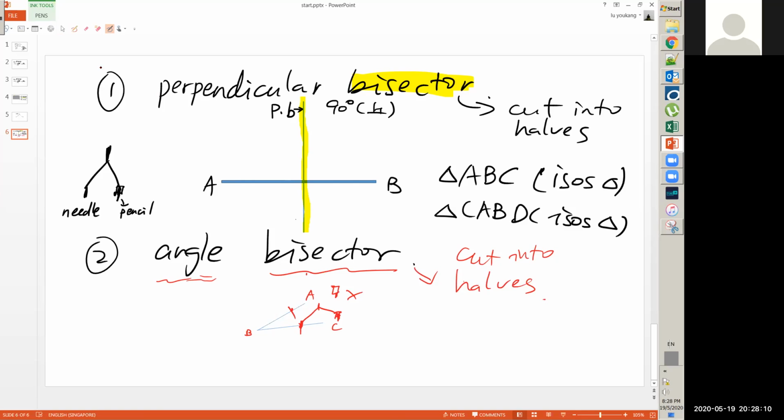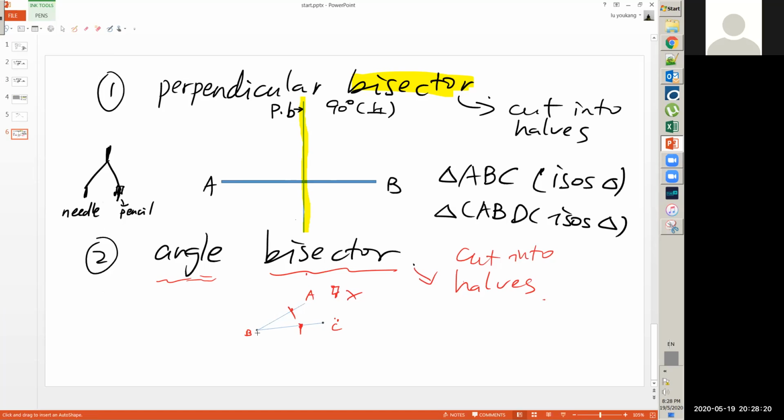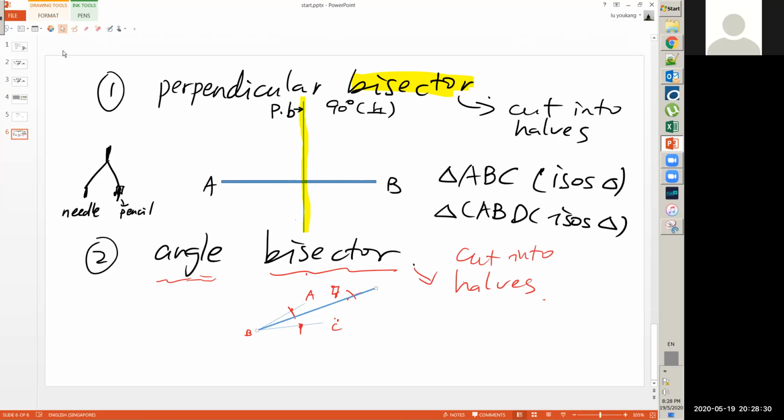So therefore, you will get this point. Once you get this point, you just link your B to this point, and then you will get an angle bisector. Okay, so this will be your angle bisector.